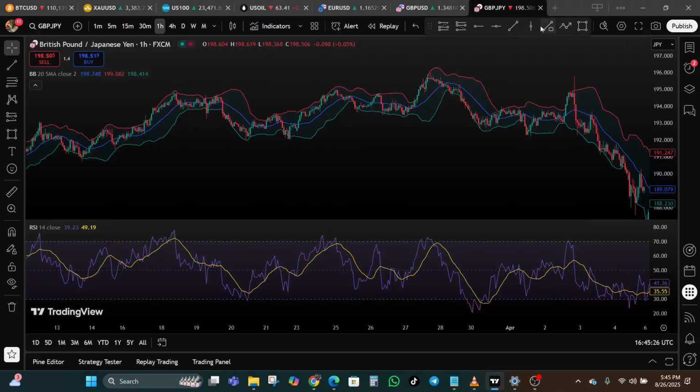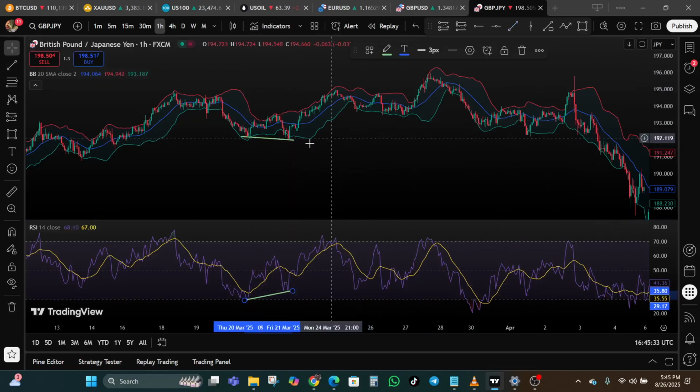For example, you can see what we had here. Lower low, but higher low, bullish divergence. And eventually you can see that the price went up.